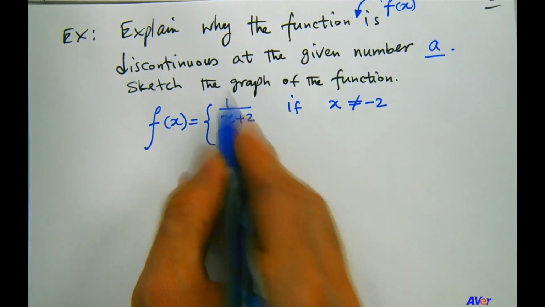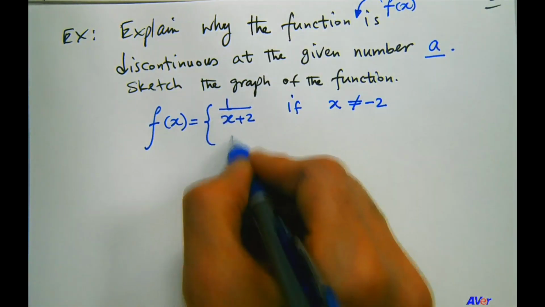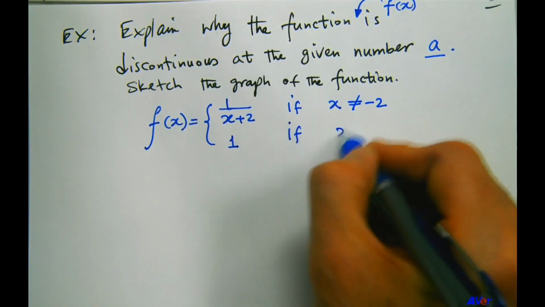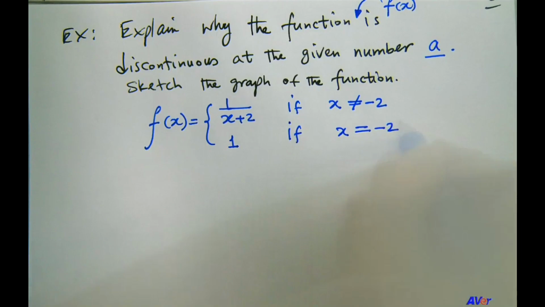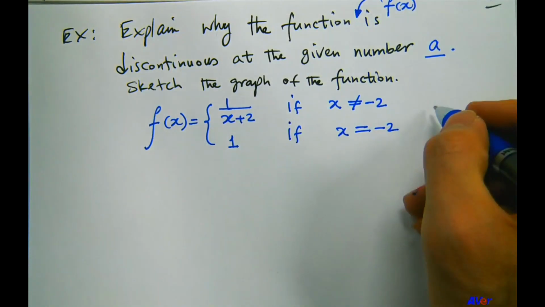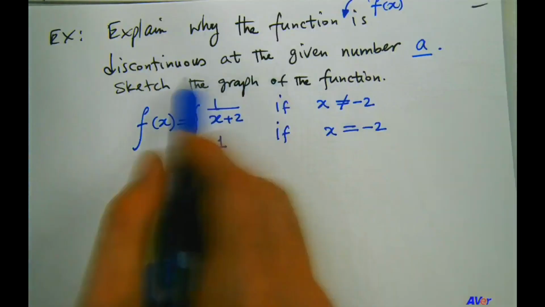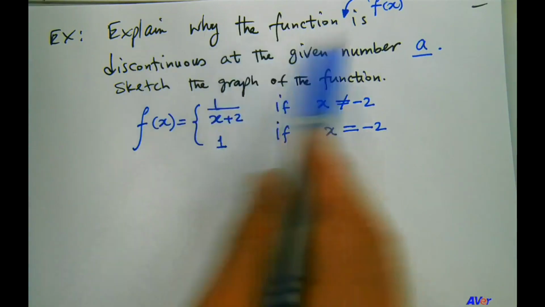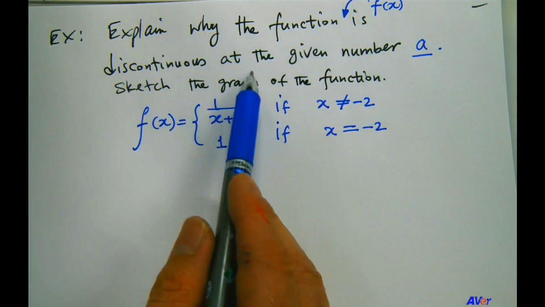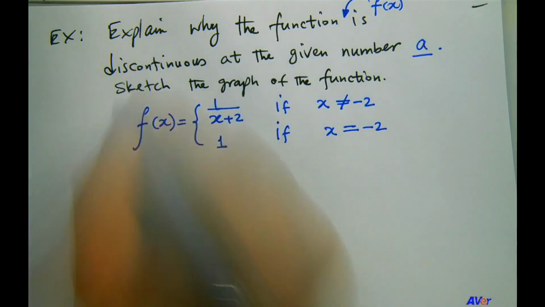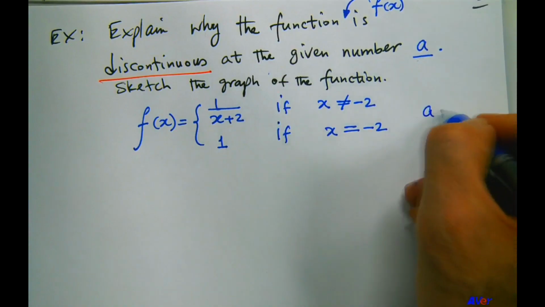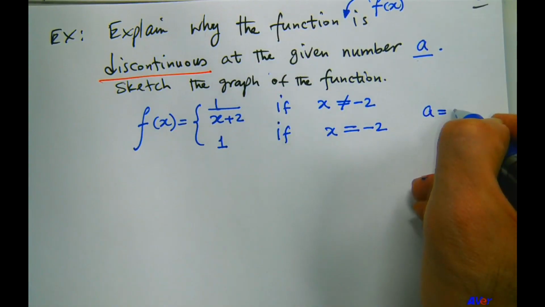Minus 2 would make this undefined, and it's equal to 1 if x equals negative 2. And at the given number a. So they're saying explain why the function f of x is discontinuous at a. A is given to us as negative 2.